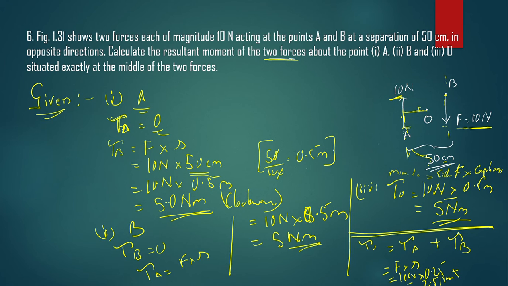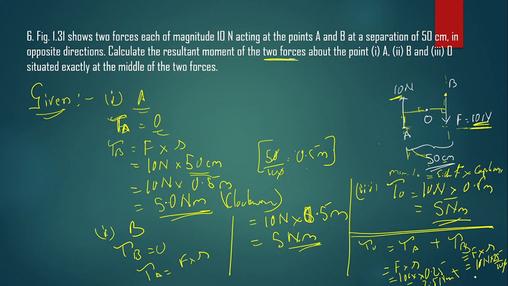Plus again torque at B because of B. So B again it is force into distance. Force for B is 10 Newton into distance. This distance is again half of 50, that will be 25. So 25 upon 100, the zeros you can cancel.